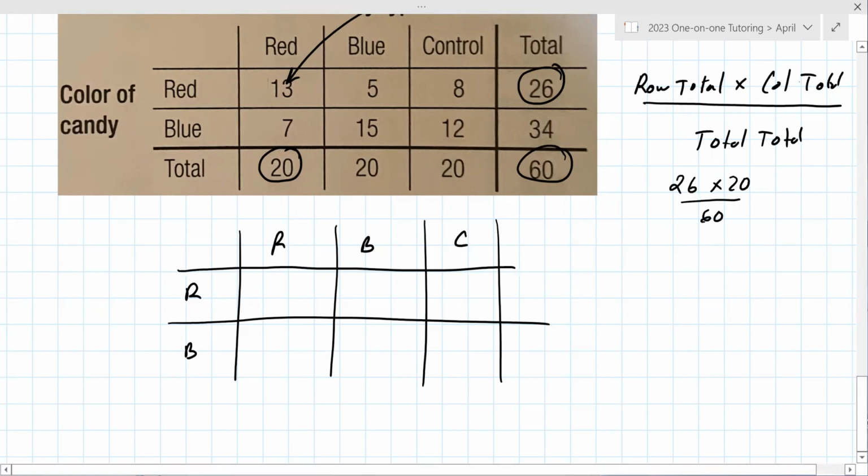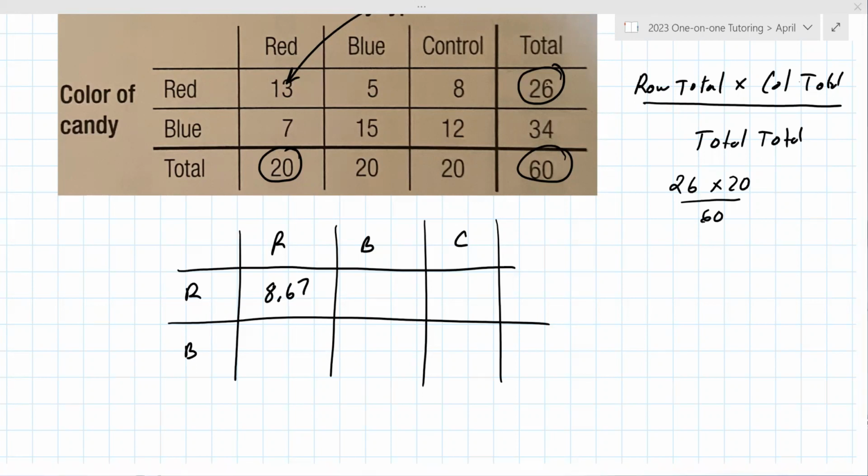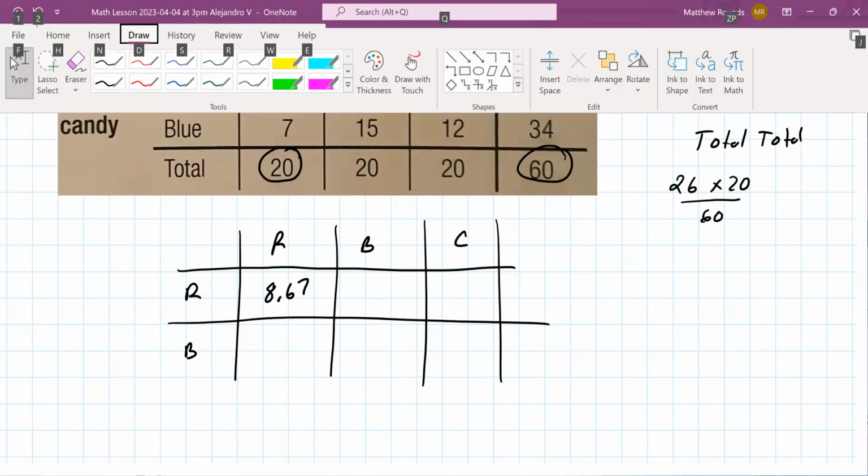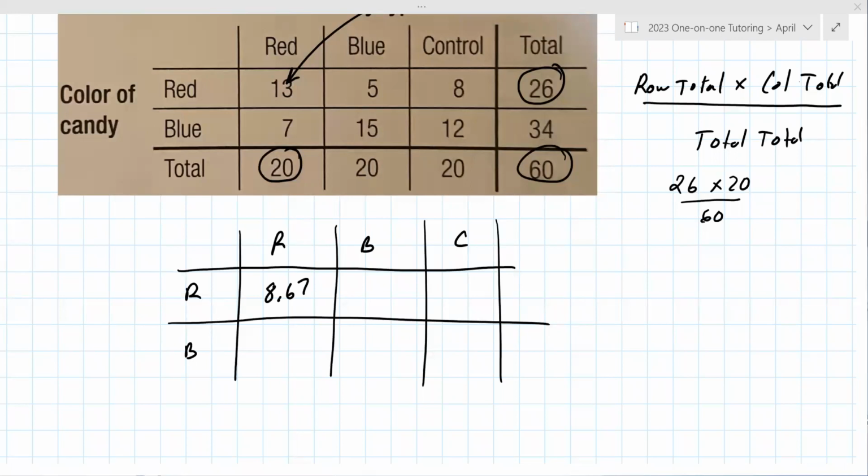That'd be 26, divided by... so for that one, you're using the row total of 26 and then the column total of 20 divided by 60. Okay, I accidentally put in the 13 instead of that. It's okay.